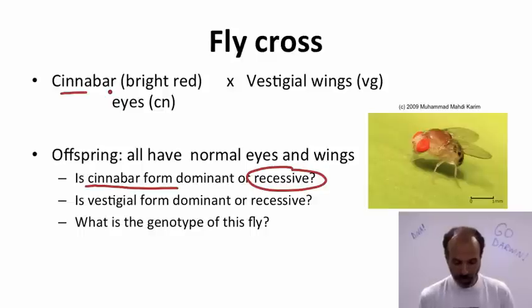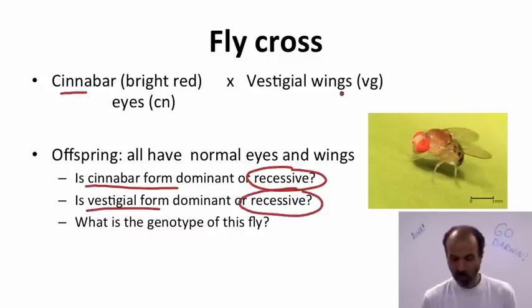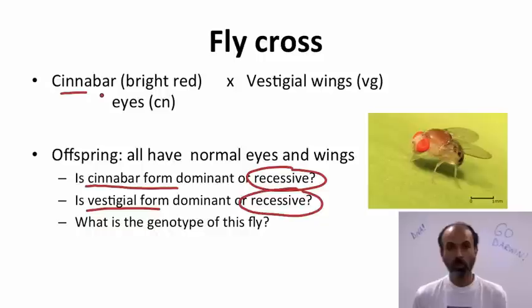So normal must be dominant, or cinnabar must be recessive. Similarly, vestigial must also be recessive, because again, we crossed a vestigial winged fly to a normal winged fly, and the offspring all had normal wings. So normal wings is dominant, or the vestigial form is recessive.